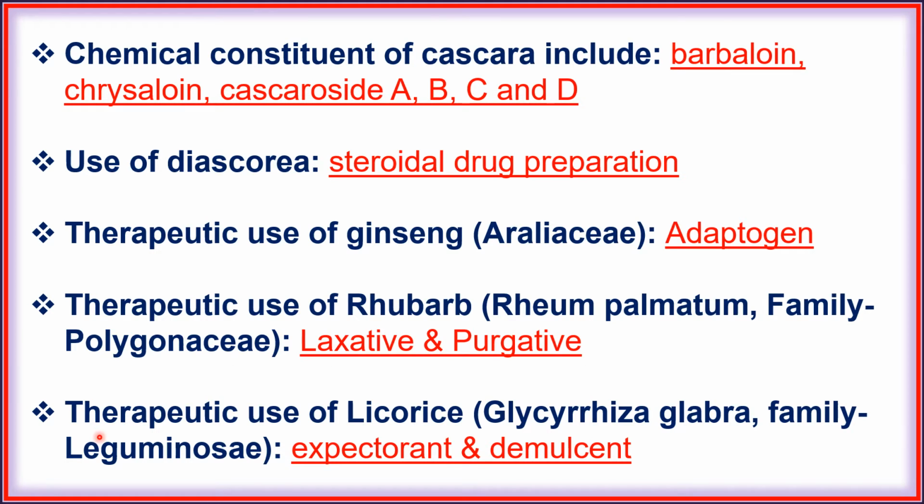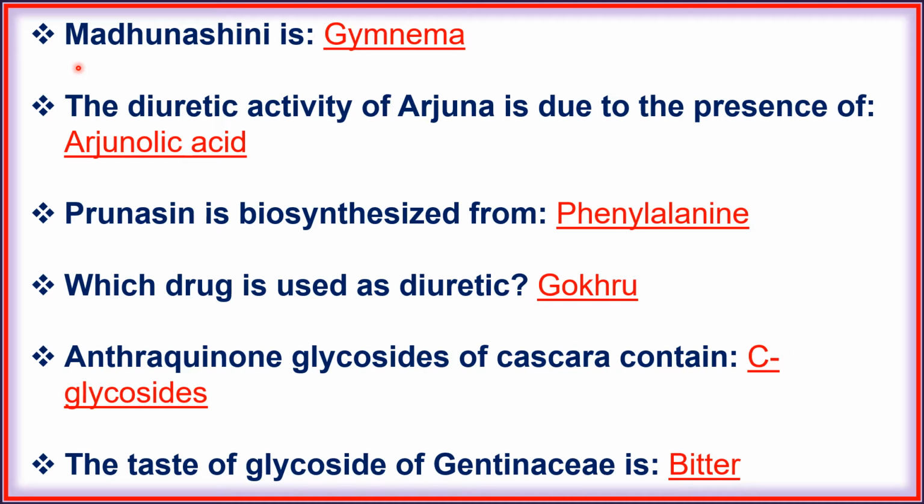Next, therapeutic use of licorice, Glycyrrhiza glabra, family Leguminosae, is expectorant and demulcent. Next, Madhunashini is gymnema. Next, the diuretic activity of Arjuna is due to the presence of arjunolic acid.